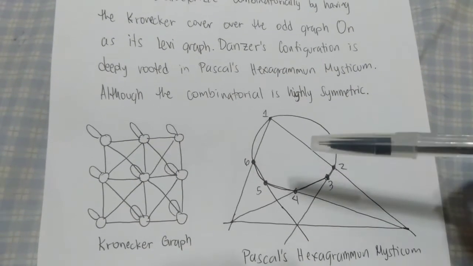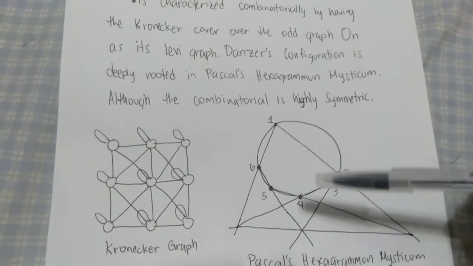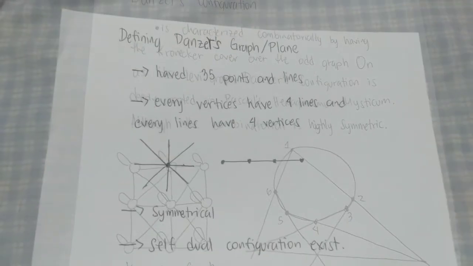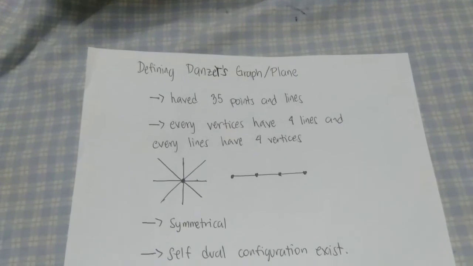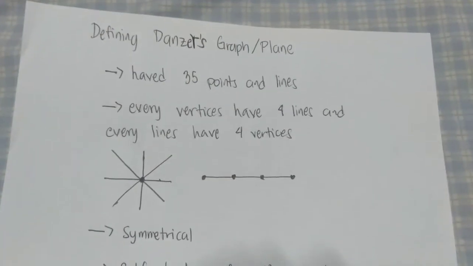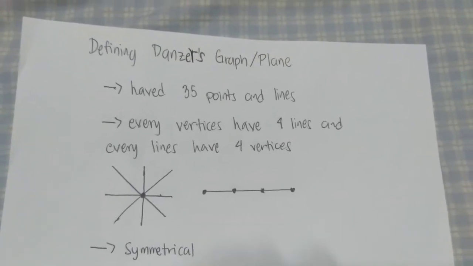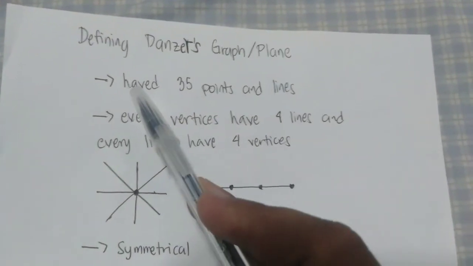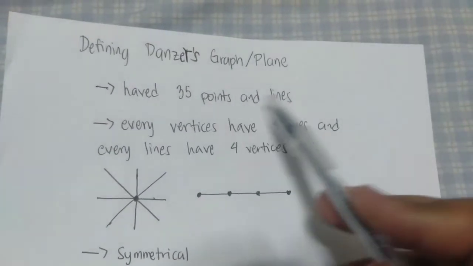So how to define a Danzer plane or Danzer configuration plane or graph? First, the Danzer configuration plane has 35 points and lines.